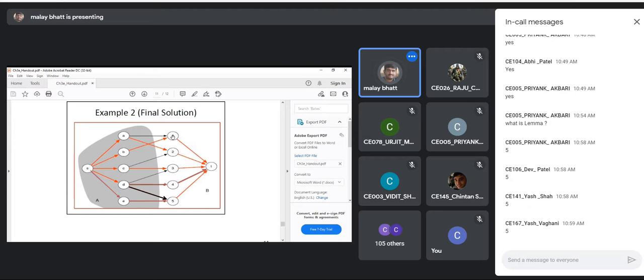You can have any matching, no problem, but the value will be 5. A2, B1, then C3, D4, and E5. Is it clear? E is connected with 5, D is connected with 4, C is connected with 3, B is connected with 1, A is connected with 2. So we have a matching of 5. Is it clear?